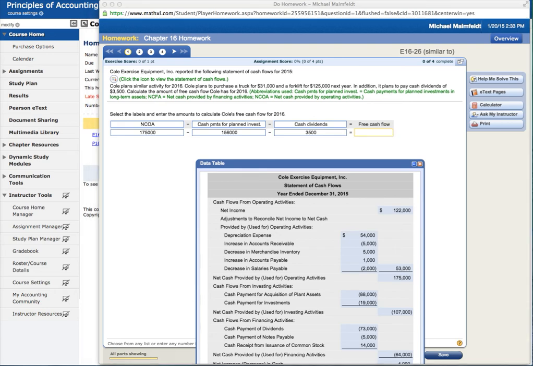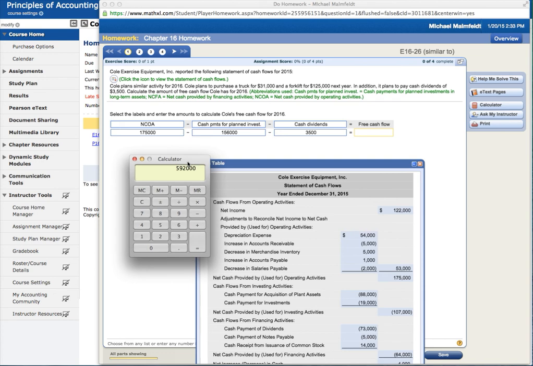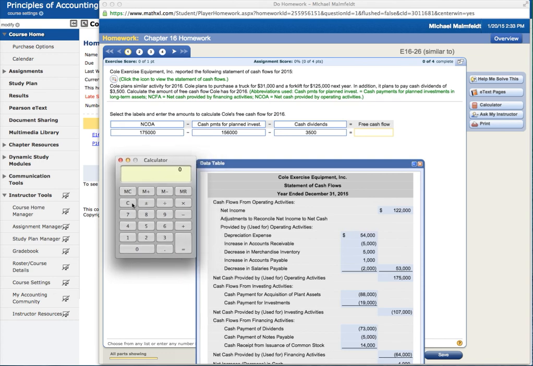I'm just going to slide my calculator over here. If you're into using the Excel spreadsheet, that would work and probably be a little bit more efficient because you could plug these numbers in and make sure that the equation is the right one.